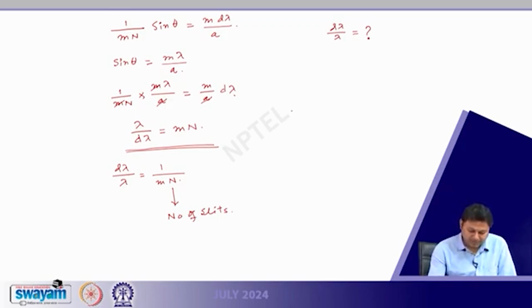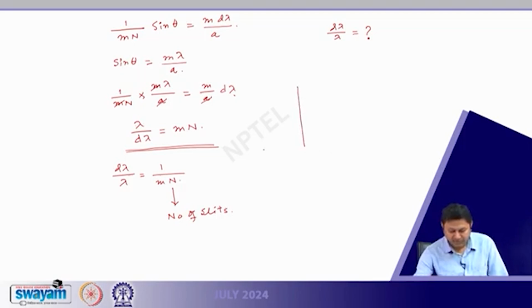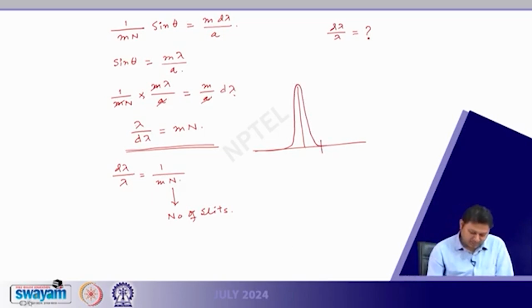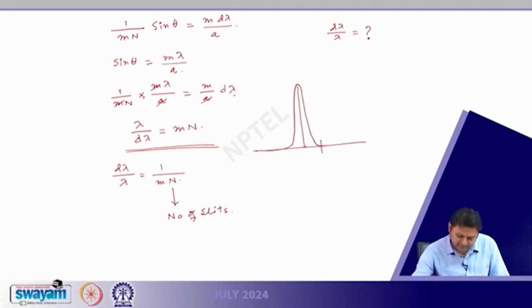So, how do we resolve that? What is the condition for resolving? The resolving condition, just about to resolve two spectra, is this. If I have a spectral peak, the central peak, and here we have a minimum of that, and exactly at that point I have the maximum for the other wavelength, then that is the condition for just resolving.